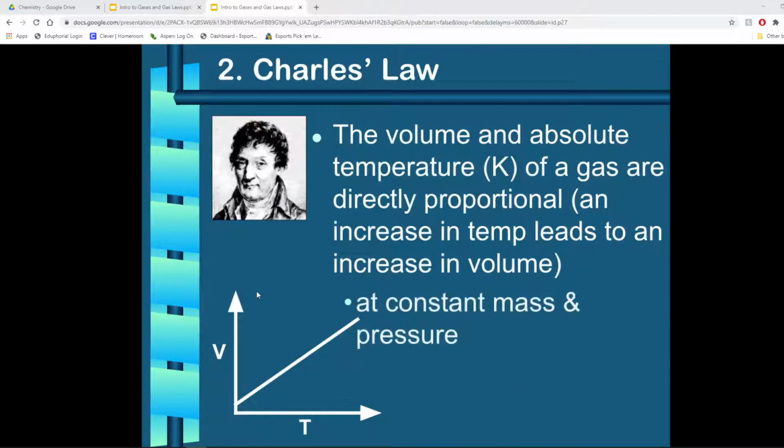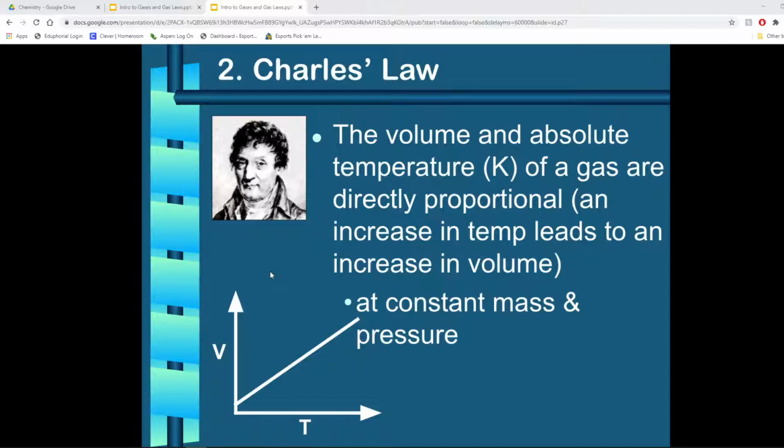All right, and that kind of shows us the relationship between temperature and volume of a gas. So what happened with the liquid nitrogen was that as the temperature decreased, the volume decreased as well. And that works the opposite way. As temperature increases, the volume will increase. So this is kind of the opposite of the law we talked about yesterday.